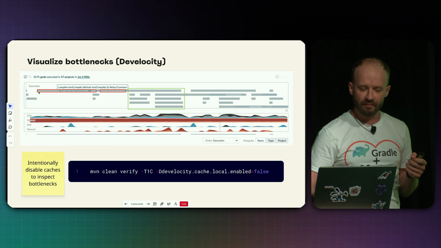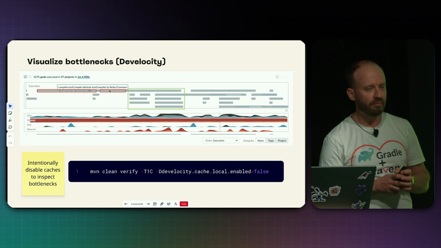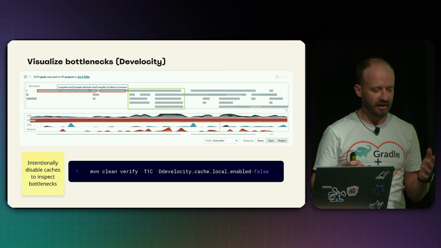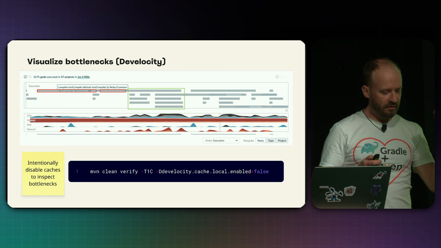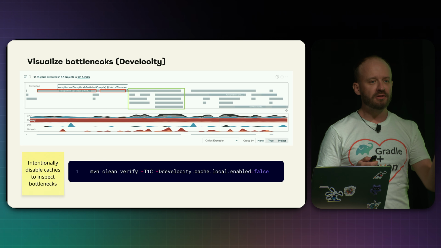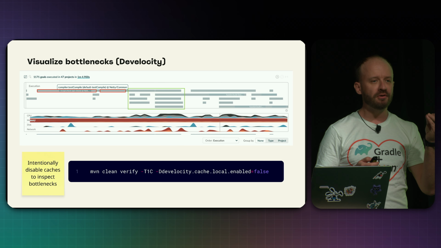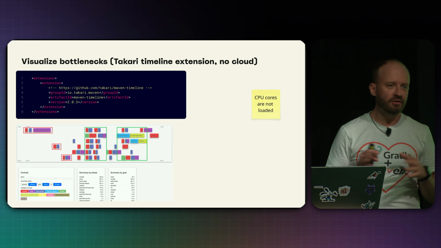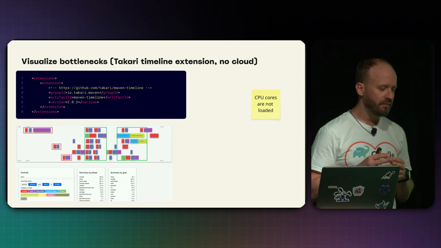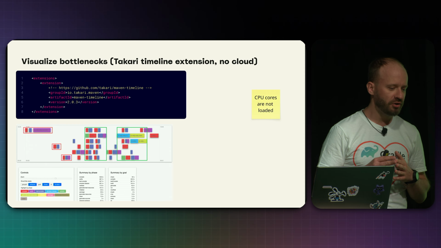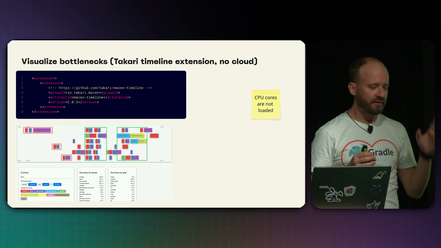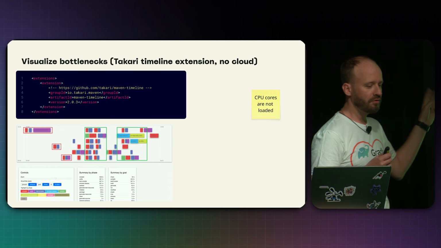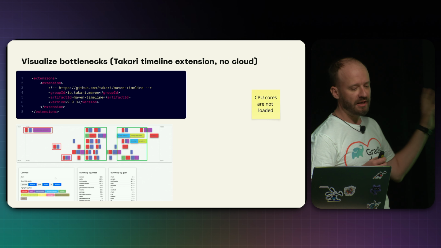But there are several modules that are actually bottlenecks because Maven executes only one module at a time. Let's try to understand why this happens. If for some reason you cannot use the Develocity Maven extension, for example, for security or whatever, there is an alternative, the timeline builder solution, which allows you to build your timeline locally.